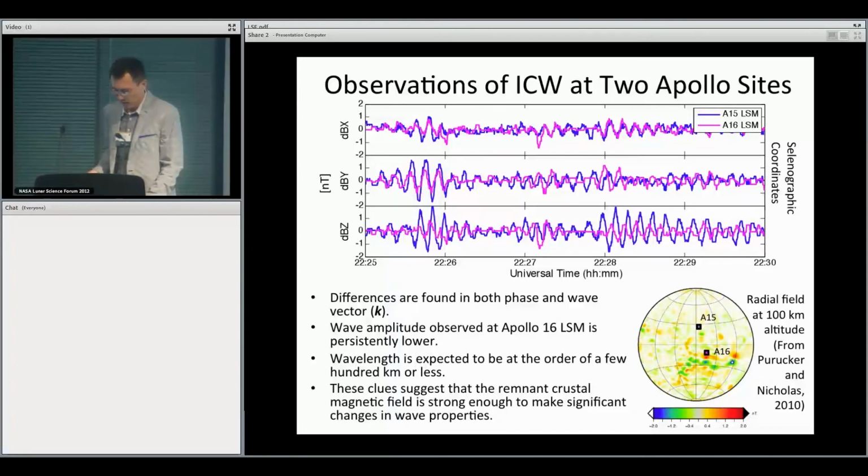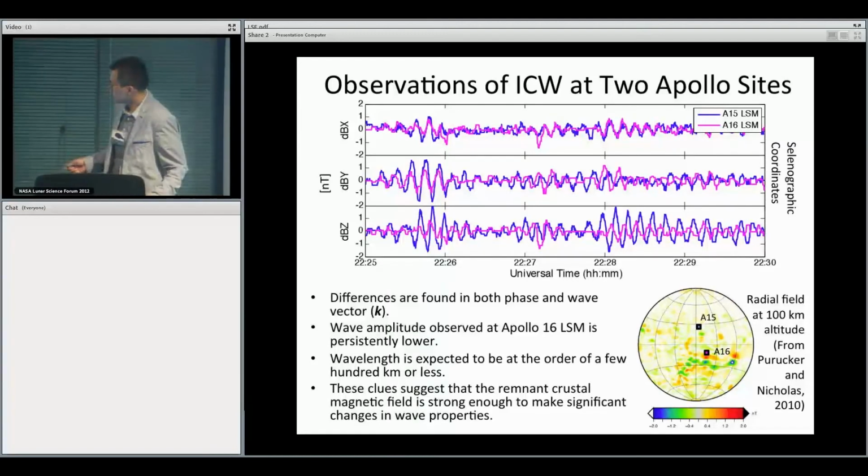And as I said, the wave amplitude at Apollo 16 is apparently weaker. So I think these clues seem to suggest that the stronger magnetic field at the Apollo 16 site, which is above 240 nanotesla, could play a role in changing the wave characteristics.